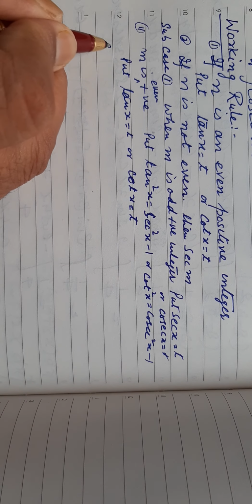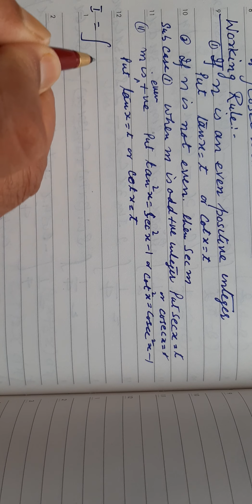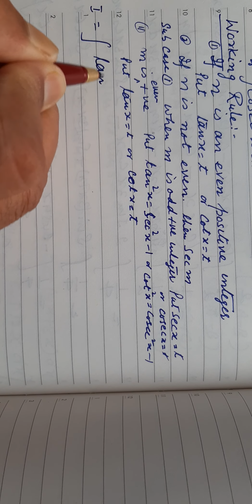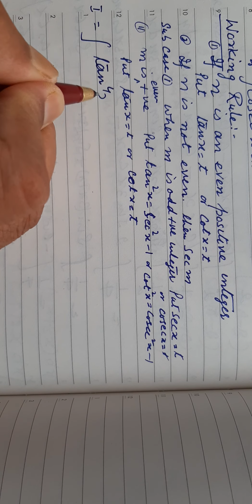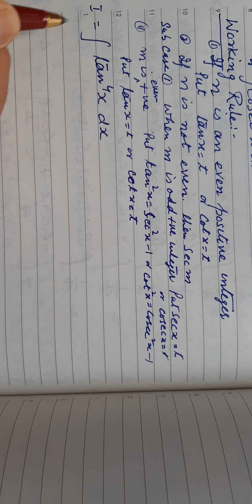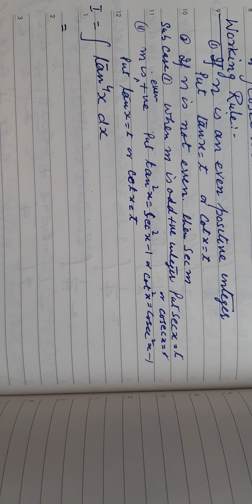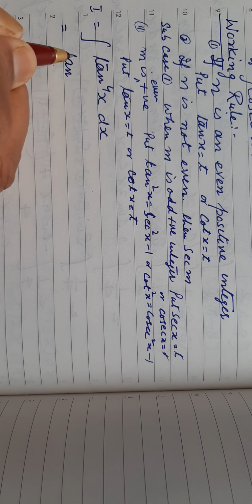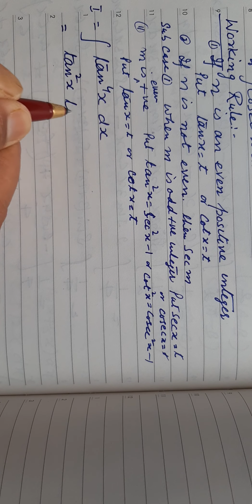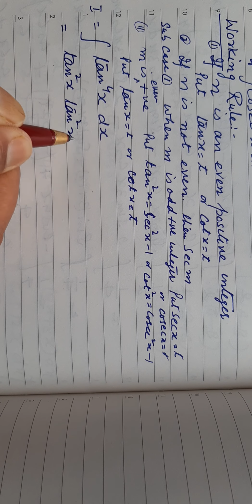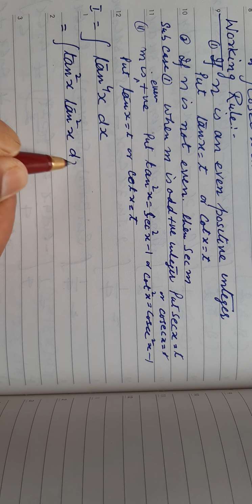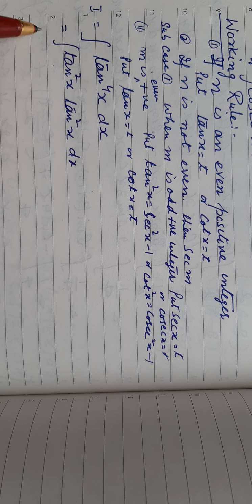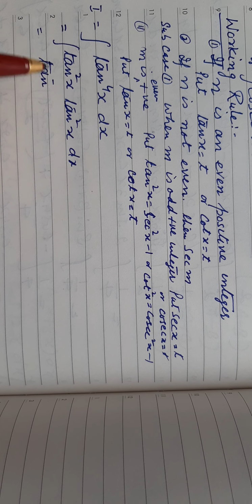Now we take the example here. The first is tan raised to power 4x. Even numbers we have taken. So how to solve this question? Now break tan 4 into tan square x into tan square x, and break one tan square x into secant square x minus 1.